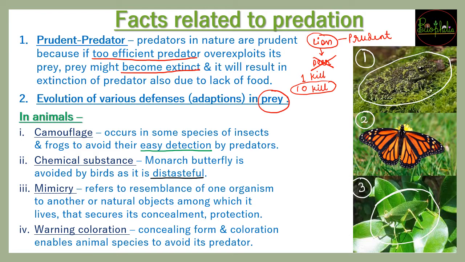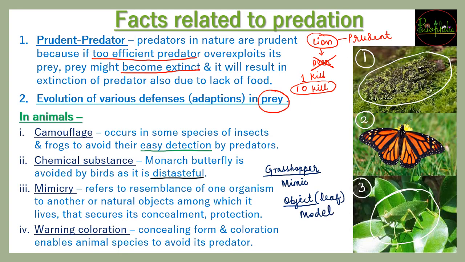Here one more thing we need to understand, that the one who is mimicking, for example here the grasshopper is going to mimic to be like a leaf. So the grasshopper which is trying to resemble someone will be called a mimic, and the object which is being copied, that is the leaf in that case, will be called a model.